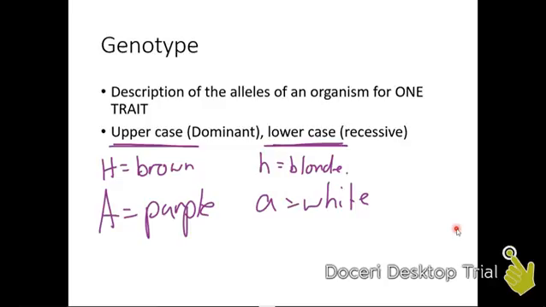Okay, the only thing I would be careful of is if you're using letters like P. For example, if I want to talk about color, I could use purple, so I could use the letter P. Sorry, so the capital P would be purple, but the problem with that is that lowercase p looks really similar. Same thing with C for color.